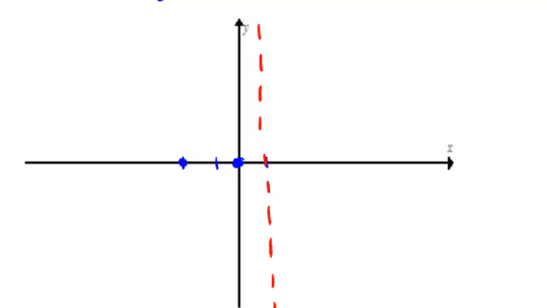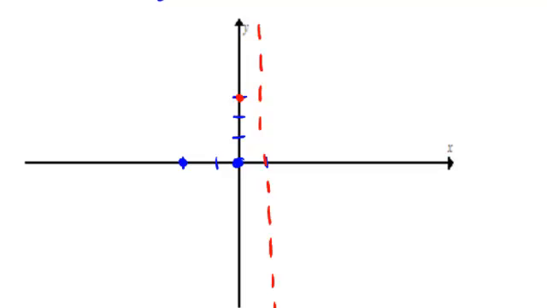Now the oblique asymptote is actually an equation of a line, and so this has a y-intercept at 3. Let's see, 1, 2, 3. Let's get some points on this. Like I said, the y-intercept is there.